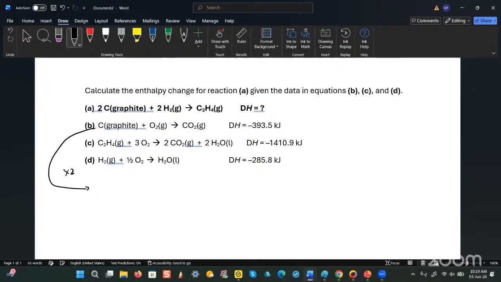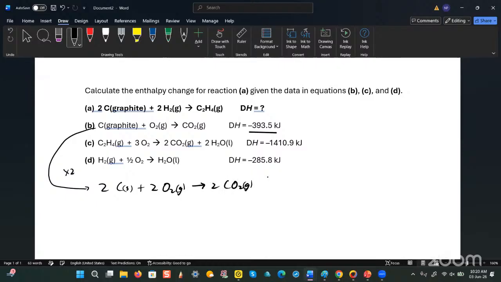If I'm going to do that, that means that I have to multiply this value as well by 2, right? So let's do that. 2 times carbon solid, I'm just going to leave out the graphite wording, plus 2 O2 gas, and state symbols, by the way, are very important, so you need to include them as well, to give 2 CO2 gas.